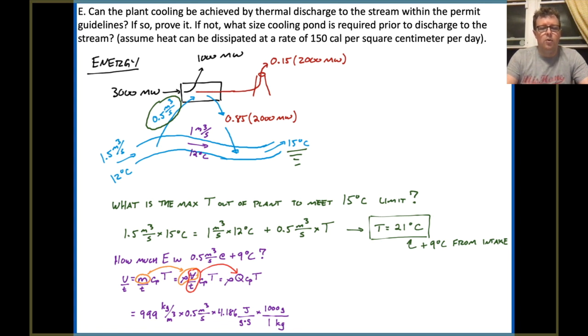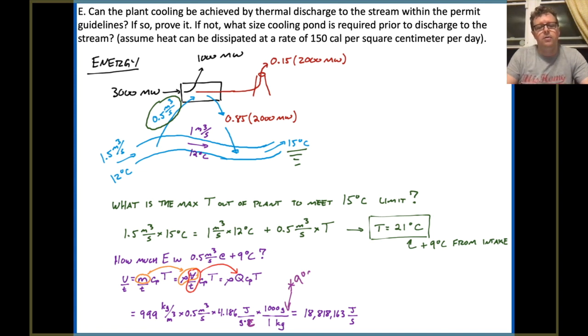The specific heat of water, 4.186 joules per gram per degrees C. On the denominator there, degrees C. And grams from that specific heat I'm going to convert into kilograms, so my units will cancel correctly. And what I apparently forgot to show here is multiplying by 9 degrees C, because that's the change in temperature that we wanted to impart.